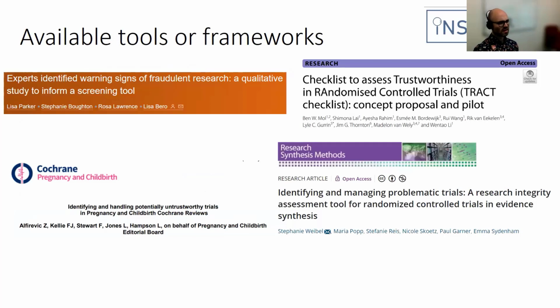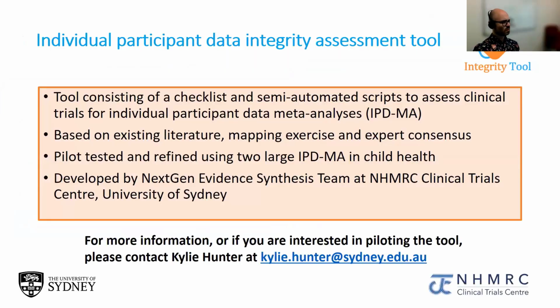There are lots of things that are available right now. Okay, so I've put on the screen here a variety of different proposals, checklists for assessing research integrity that are available right now. And I'll just tell you about a few other bits of work that are ongoing that I'm aware of.